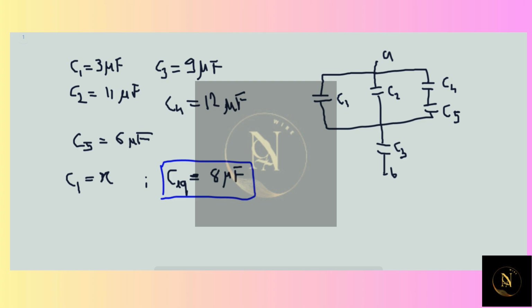As you can see, capacitors C4 and C5 are connected in series. So we can find the equivalent capacitance here for C4 and C5 and reduce the circuit. If I reduce C4 and C5, which are connected in series, I'll get this combination.